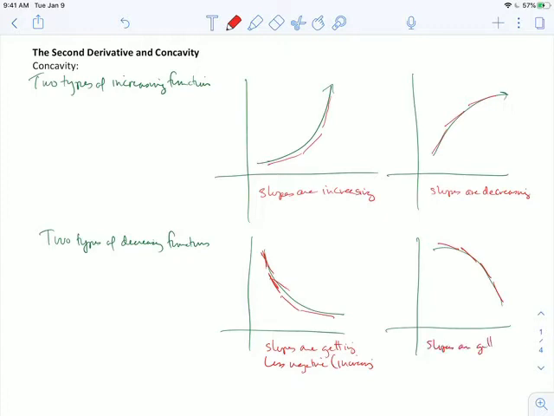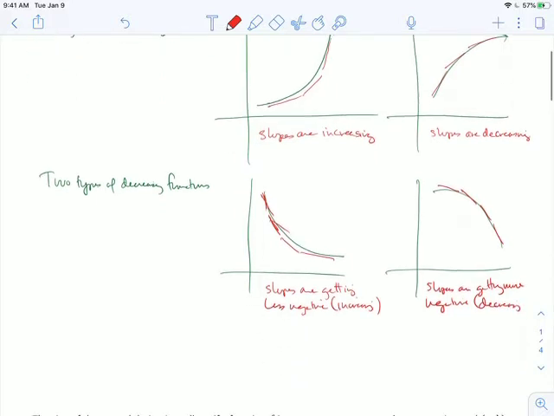So they're getting more negative, which means that they are decreasing in value. So in both cases here, slopes are increasing for the graphs on the left, slopes are decreasing for the graphs on the right.